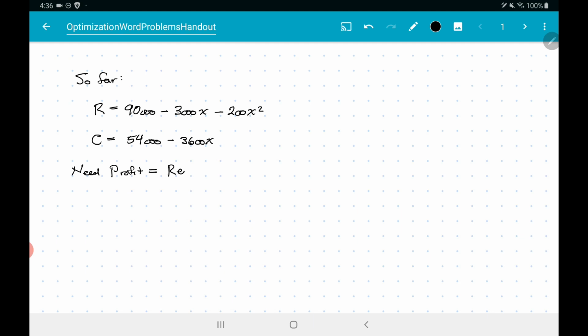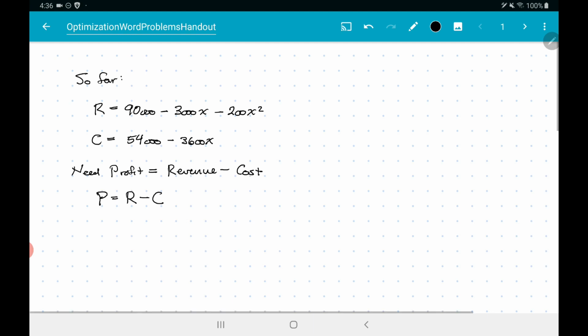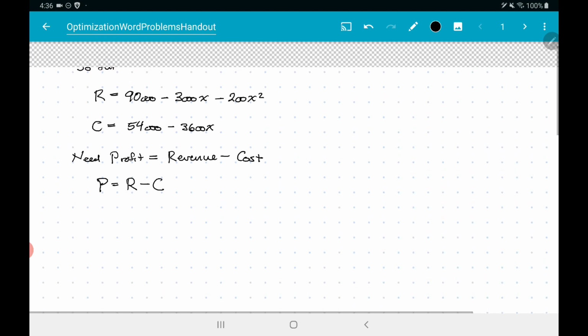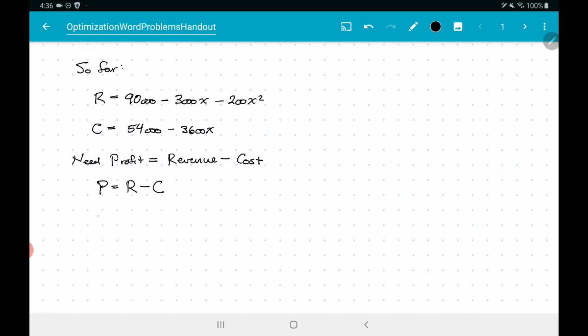It's revenue minus cost. So P equals big R minus big C. If you notice, I'm writing my big P a little differently from my little p. That's to distinguish profit from price.